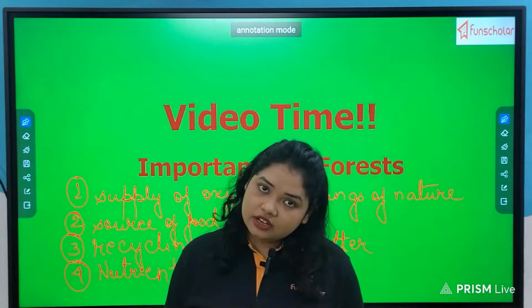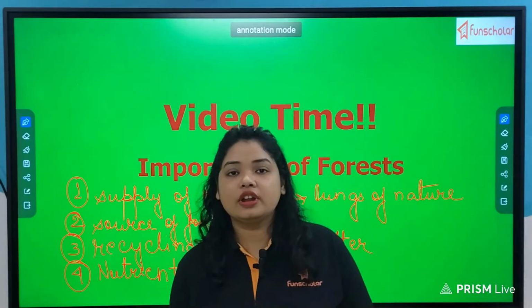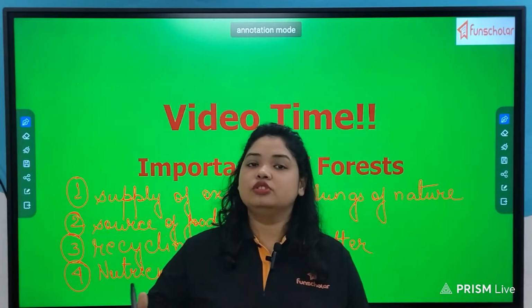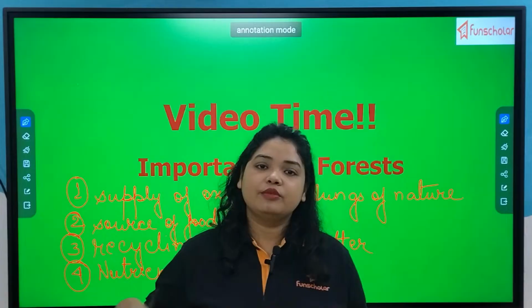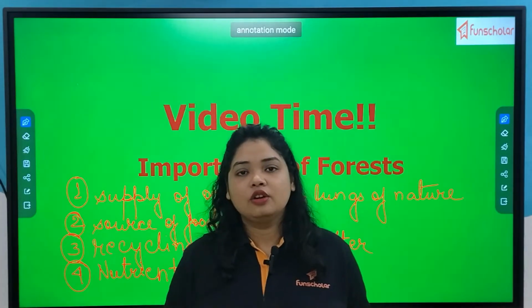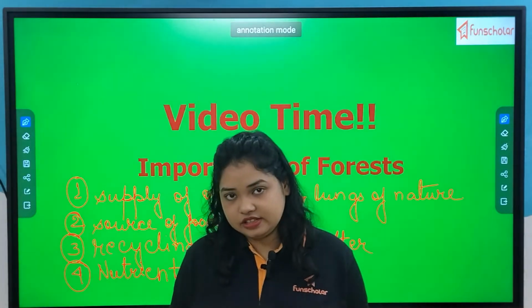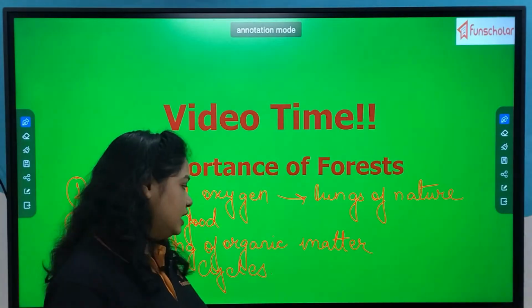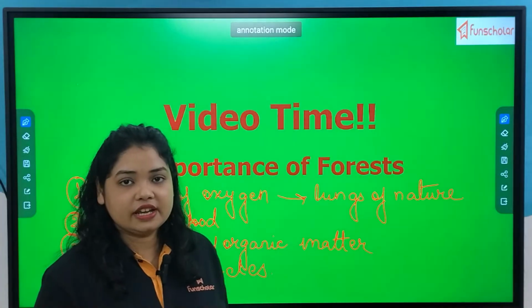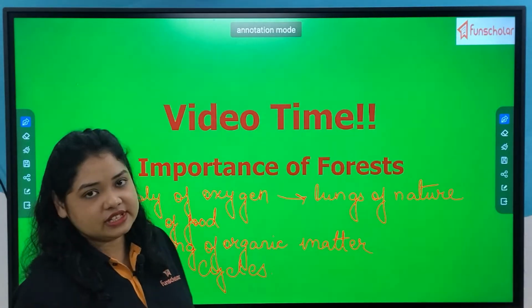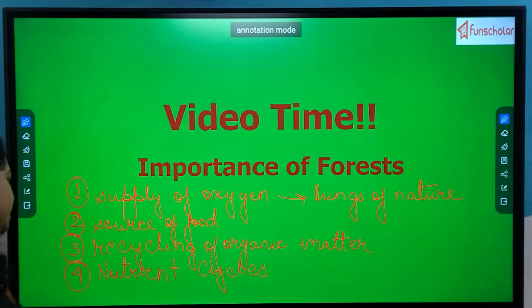Then when they die, or when animals eat them, it is passed on to other animals through the food chain, and when those animals also die, all those nutrients are released into the soil. So that is also an example of nutrient cycling. Just like the water cycle, the nitrogen cycle is also facilitated by the forest.